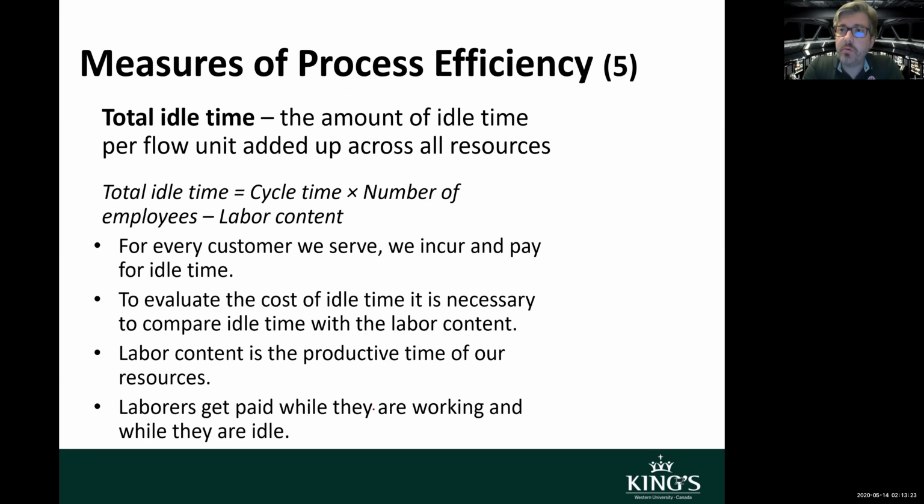So we want to be able to track how much idle time we have in a process, because that is ultimately seen as either a buffer for an increase in demand, if you're able to, or wasted cash in the form of extra wages that are not adding value to your process.